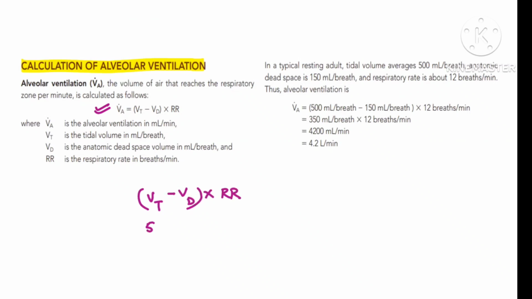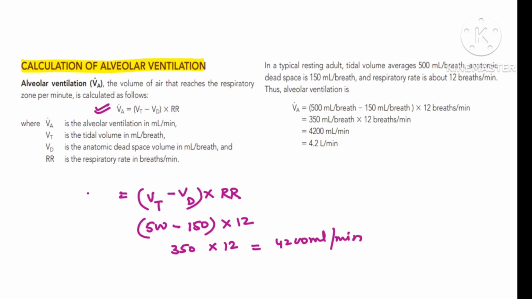Suppose your tidal volume is 500, anatomical dead space is 150. Clear? And this you have to multiply by breaths. Let us assume we are taking 12 breaths per minute. So the amount able to reach the alveoli is 350 multiplied by 12. Your answer will come nearly 4200 ml per minute. Clear, beta? So this is your alveolar ventilation.